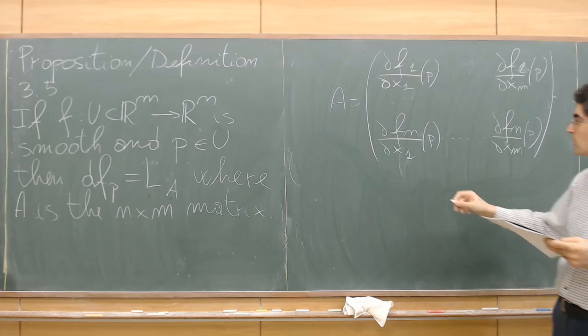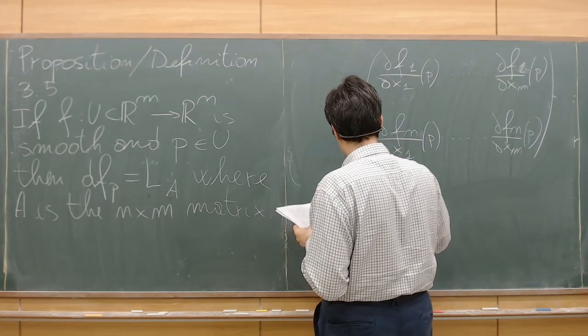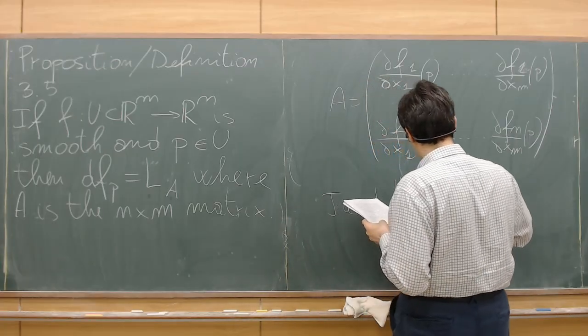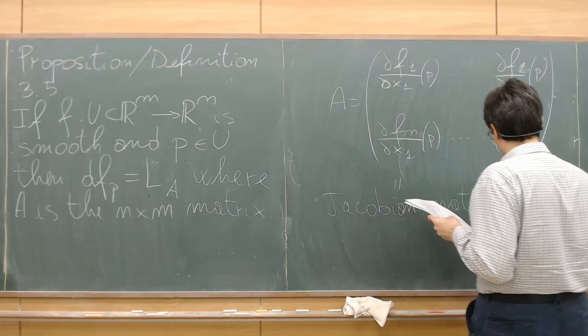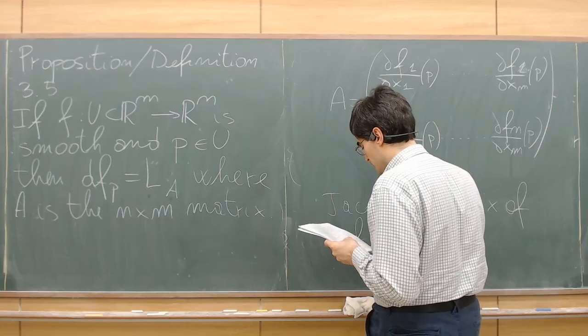This is what we call the Jacobian matrix of F at P.